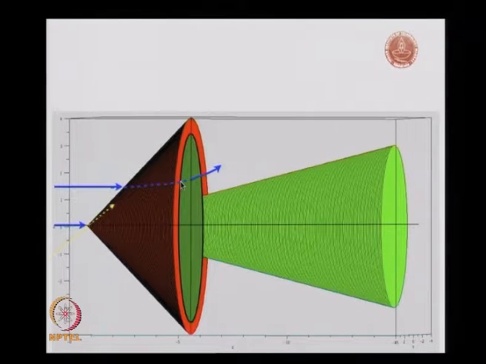If I take a line like that, this is the point where it is crossing. You can imagine that we actually have a cone whose base looks like this green one. This point is crossing that particular cone, which is encased inside this red one, and if I look at that from this face, it gets projected somewhere over here.